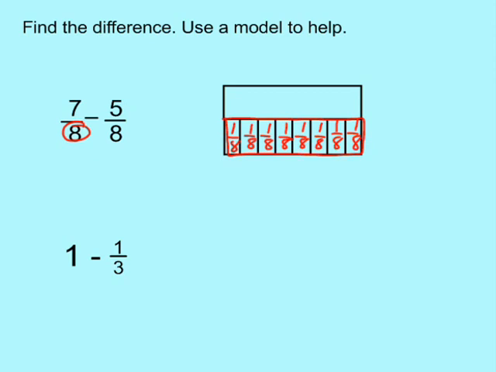So now I have 7/8. If I shaded in 7/8, and then I took away 5/8, let me use a different color. 1, 2, 3, 4, 5. What am I left with? I'm left with 2/8 left.